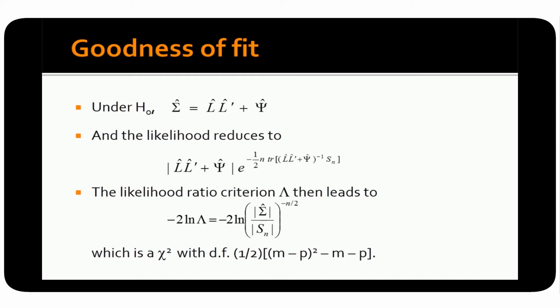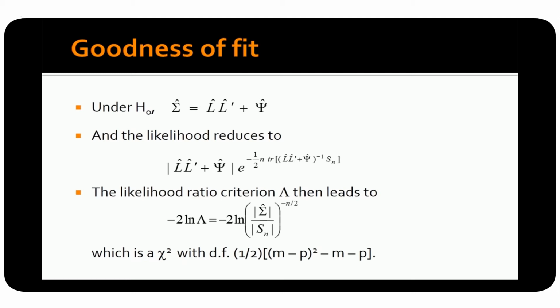The ratio of these two maximum likelihoods would come out to be Sn by sigma hat to the power of minus n by 2. Now if you take the ratio of the maximum likelihood under H naught by the maximum likelihood globally, that is, you are looking at the likelihood ratio criterion, then the likelihood ratio criterion would lead to the result that minus twice log of it would be a chi-square.